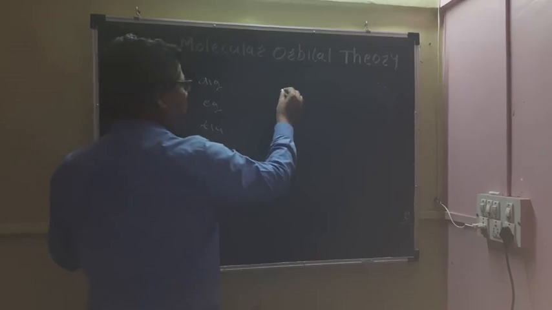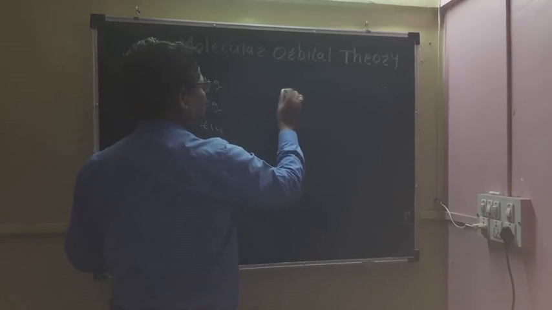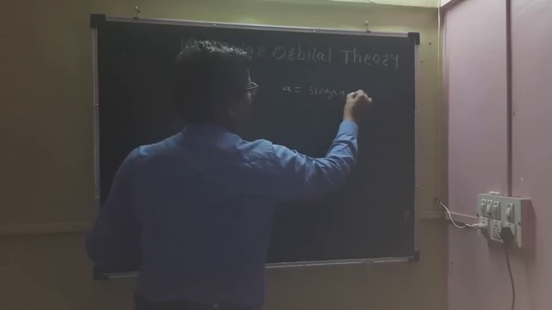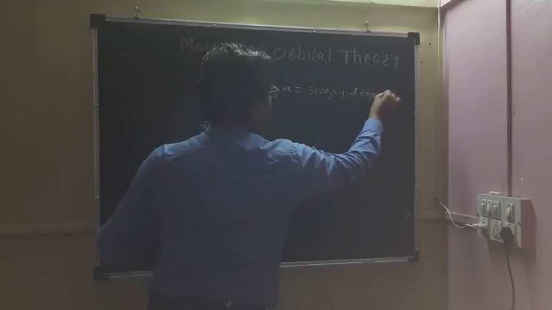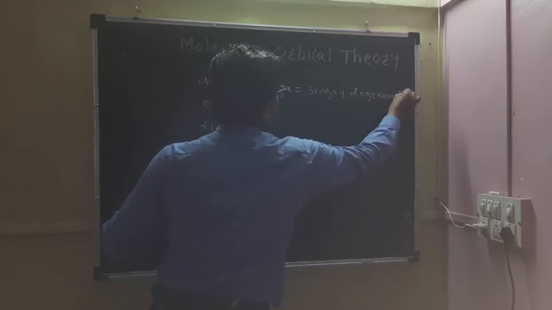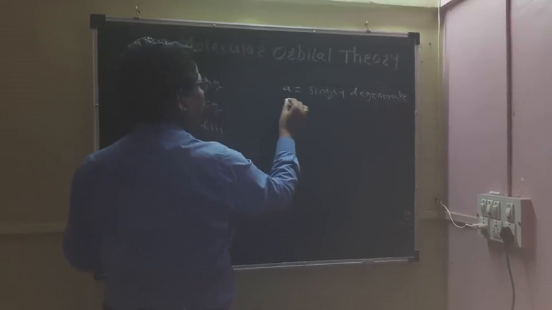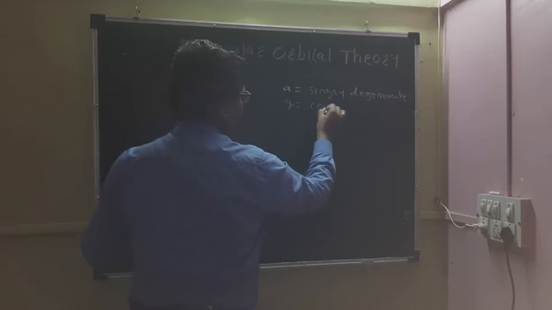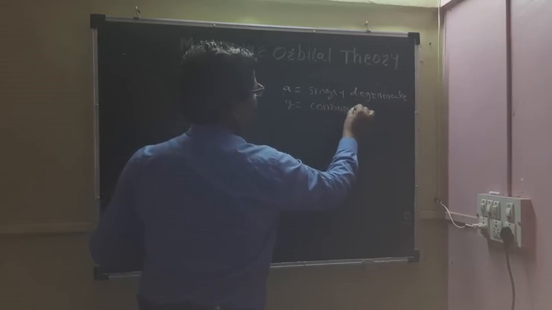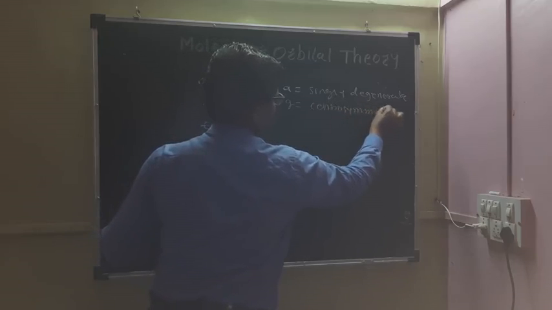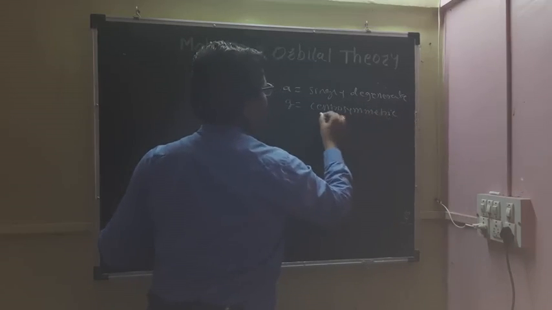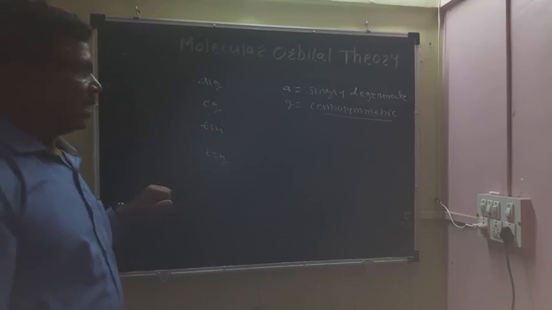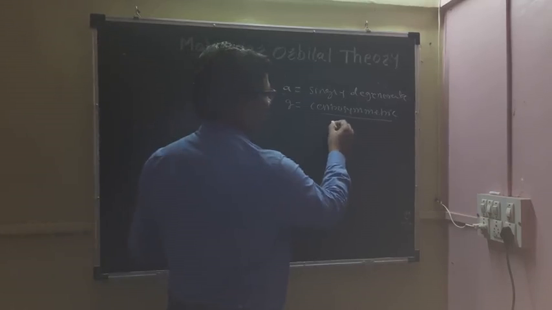Here, A stands for singly degenerate and g for centrosymmetric. Centrosymmetric means the molecule has a center of symmetry.